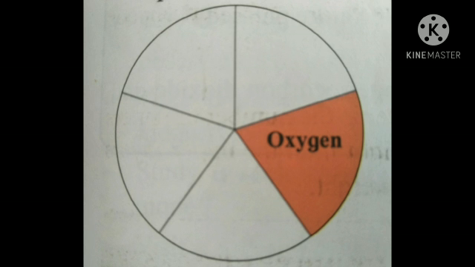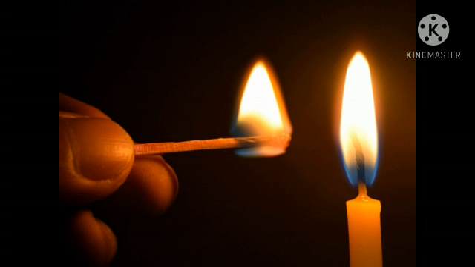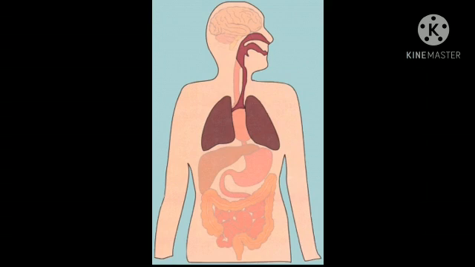The circle in the picture shows all the air in the atmosphere. If we divide the circle into 5 equal parts, then the oxygen in air will be equal to one of the parts. Apart from oxygen, there are other gases in the atmosphere. Which could those be? The oxygen in the air is used both for burning as well as respiration.